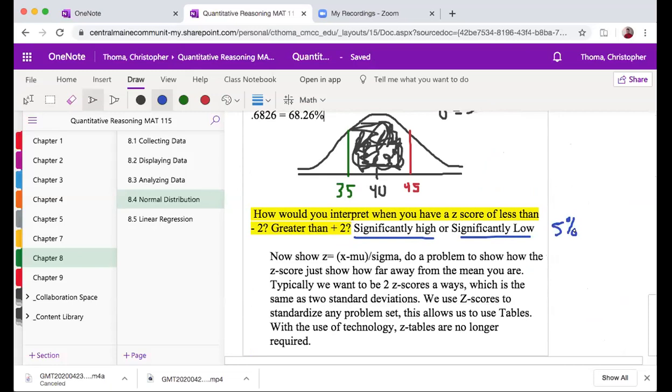And no pun intended, there's a normal distribution, but we look at it to be at the right interval. If you're outside of the 95% interval, then we look at that being significantly high or significantly low. Not meaning there's a high chance that's going to happen. It means you're in the rare spot.